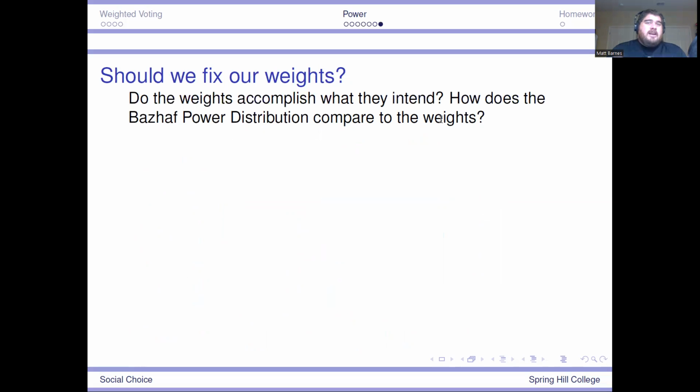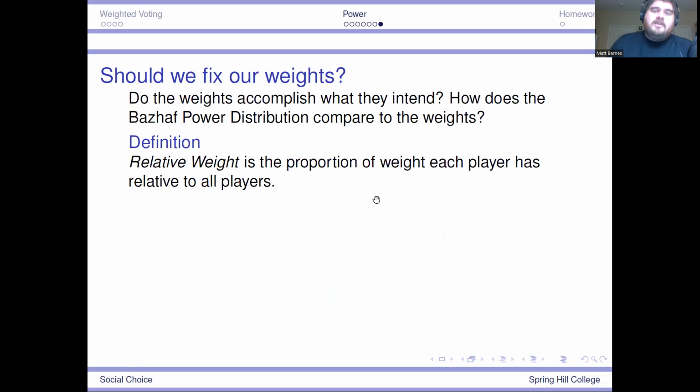And a way to look at that question is, how does our Banzhaf power distribution compare to the weights? Or even if we use the other way of finding power, how does that compare to the weights? Well, a way to look at this that might be easier to see, because we have fractions for our Banzhaf power distribution and whole numbers for our weights, is using relative weight.